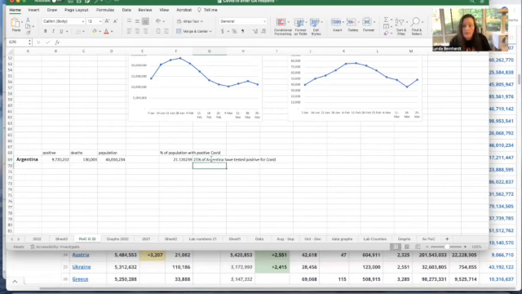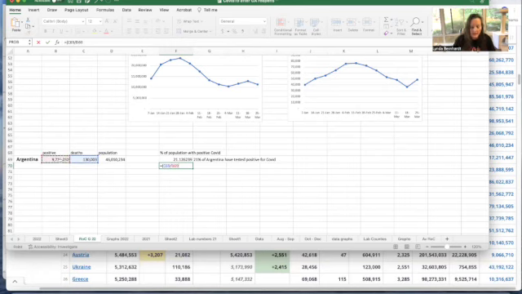There you go. Now, if I want to know how many of the people who tested positive died in Argentina, then I would do equals, open parentheses, deaths divided by the positive cases, close parentheses, times 100.